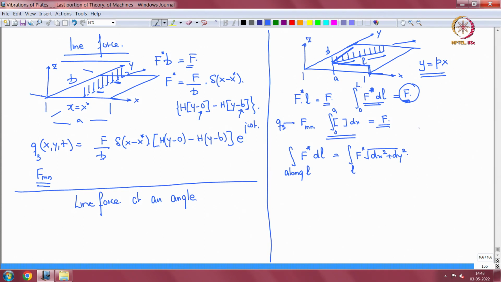Now, dy is equal to p dx. So, dy square is equal to p square dx square.